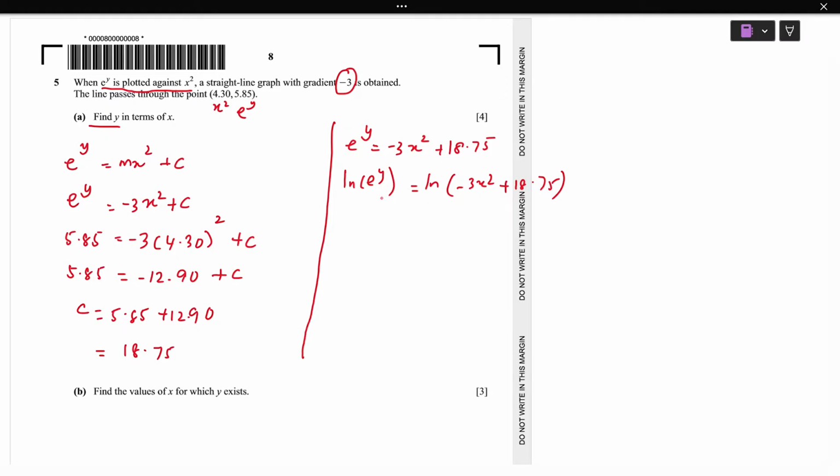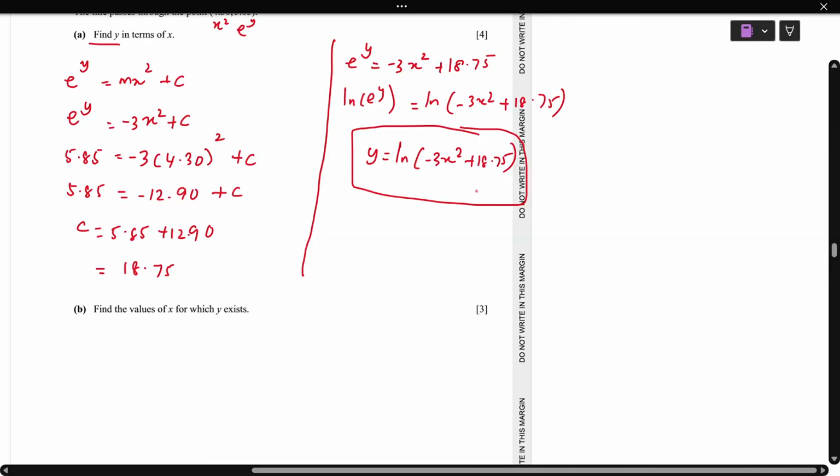Here the log and e will be cancelled, so we'll get y on the left side. On the right side the natural log will still be there: y equal to natural log of (-3x square plus 18.75). That is the final answer for us. We need to find y in terms of x, and here we got it in terms of x.